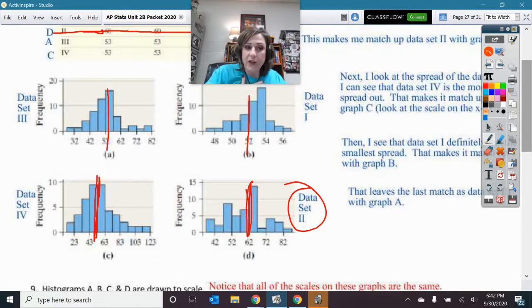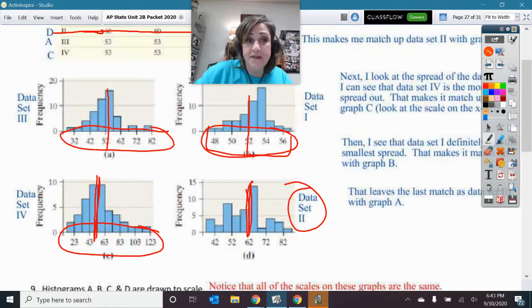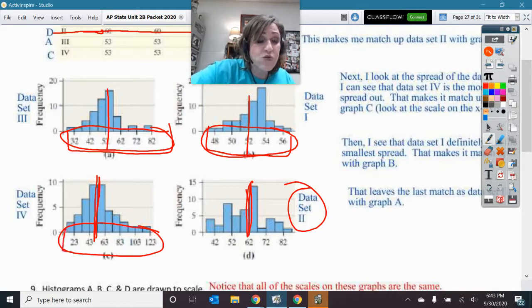When I first did this, I was very concerned because these look really similar. What's going on? Well, I wanted to point this out to you. Look at these numbers down here on the x-axis. Those go from 48 to 56, and these go from 32 to 82, and these 23 to 123.